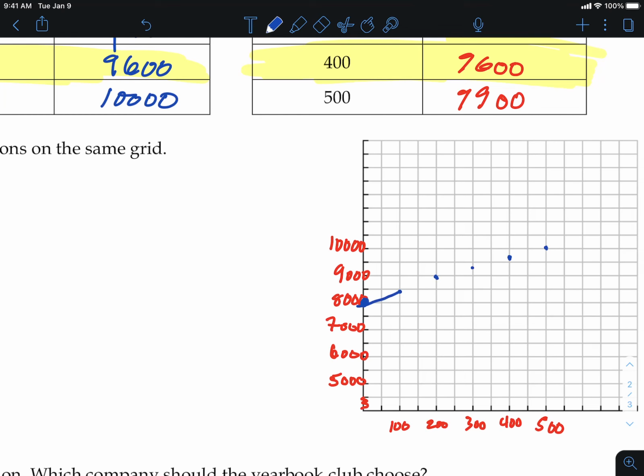Okay, I'm just eyeballing it. You know the line's gotta be nice. Okay, there's the blue one.